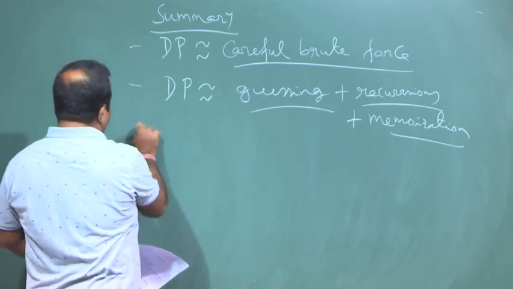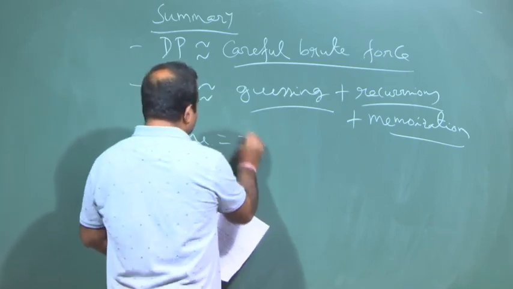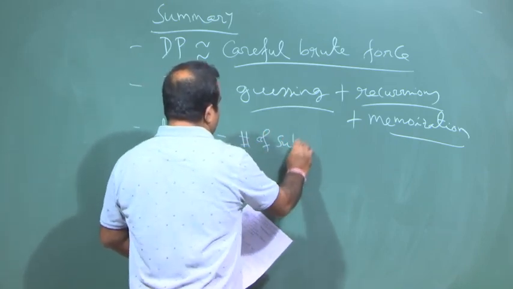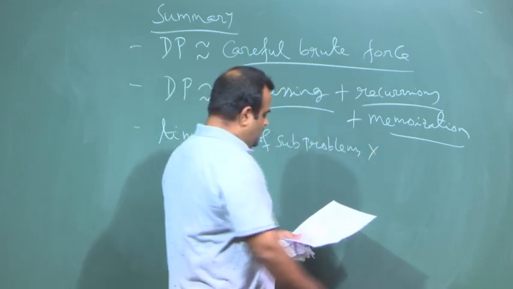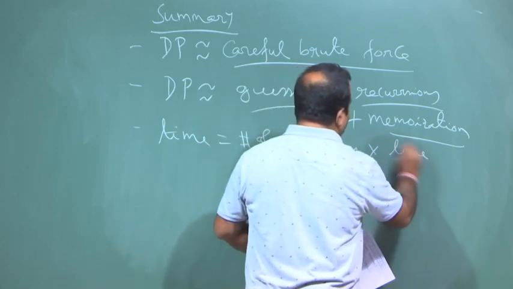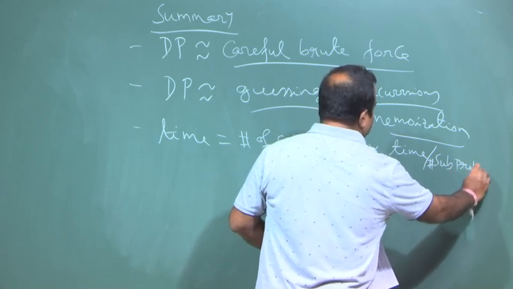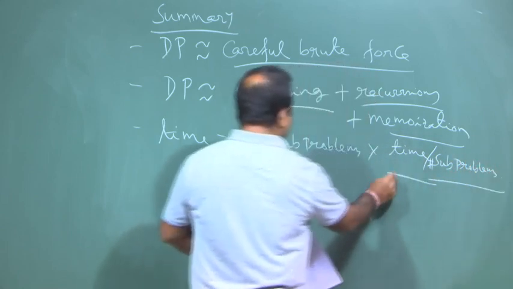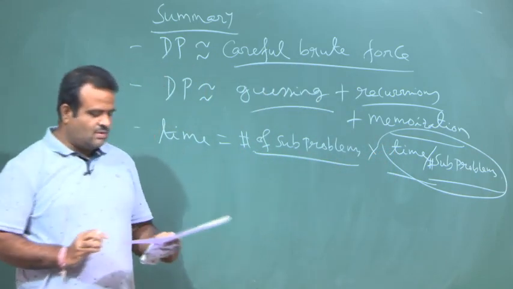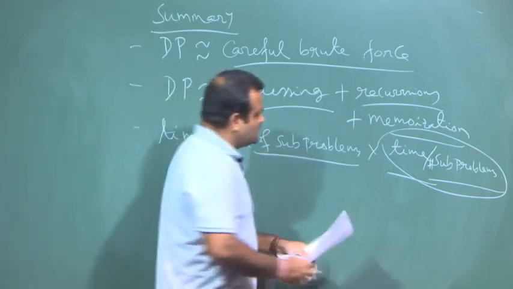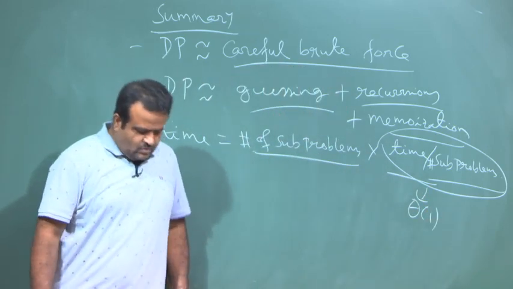The time complexity is the number of sub problems times the time per sub problem. Usually the time per sub problem is theta 1 because we mostly do a table lookup.